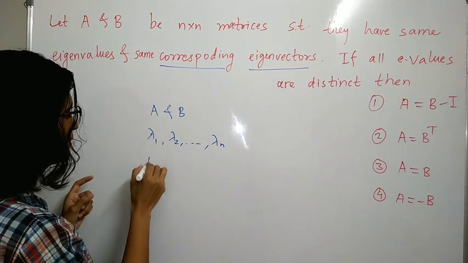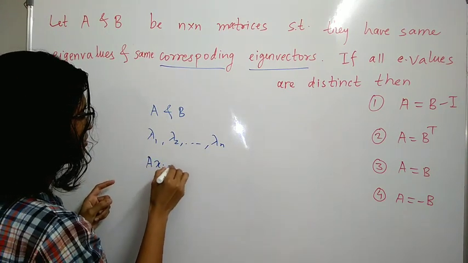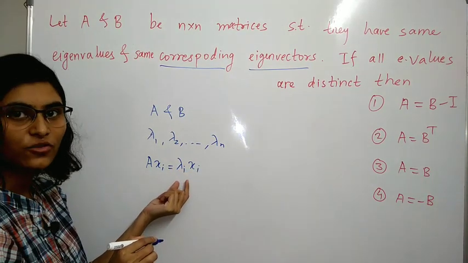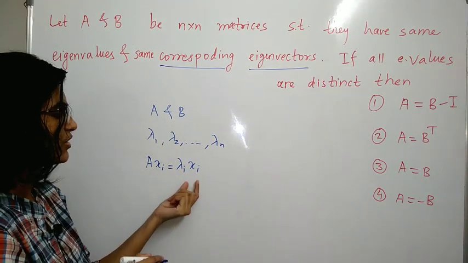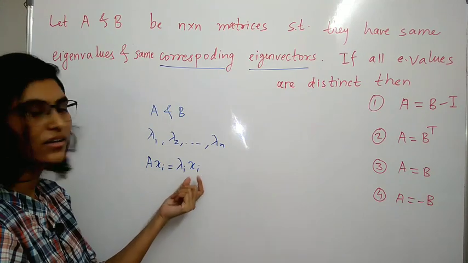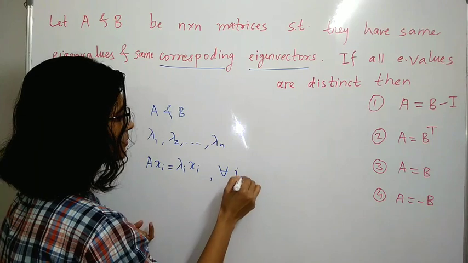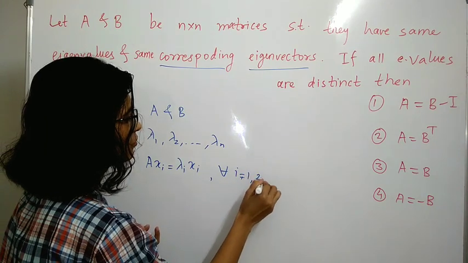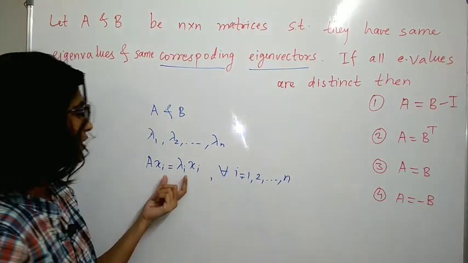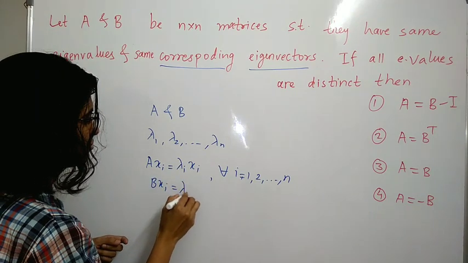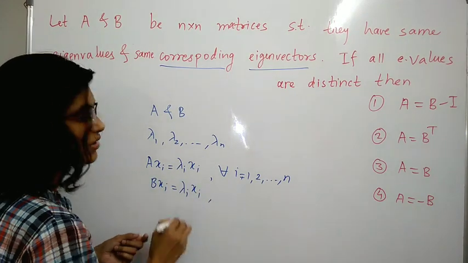That means suppose we have A xi is equal to lambda i xi. That means lambda i is an eigenvalue of A and the corresponding eigenvector is xi, for all i from 1 up to n. Then we also have B xi is equal to lambda i xi, right?